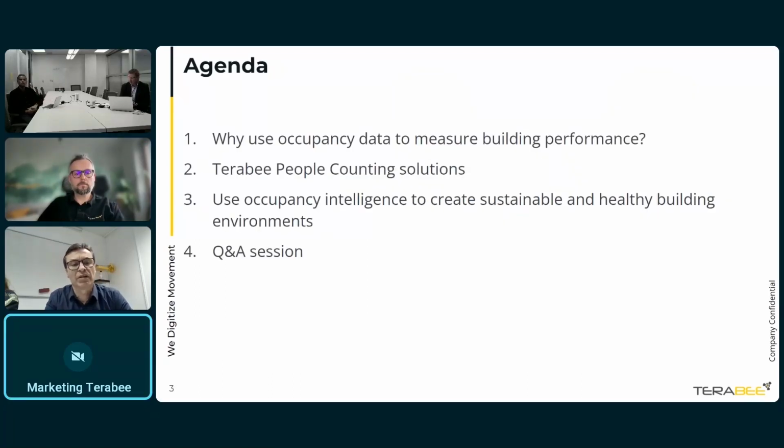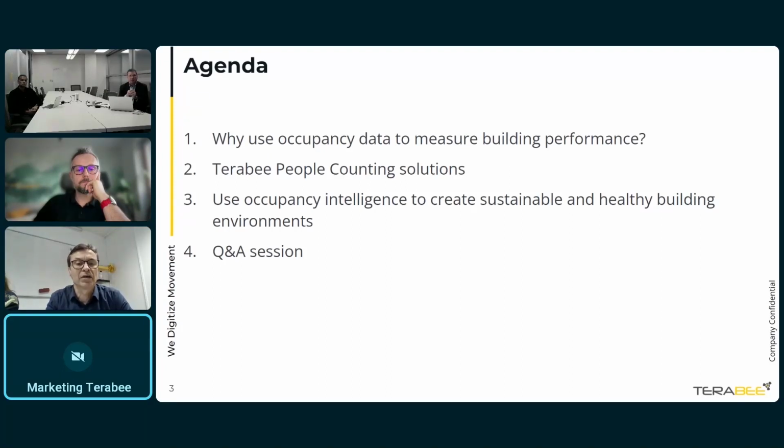So what we're going to talk about are basically four main things. First of all, we'll give an overview of our rationale, why we believe occupancy data is an important metric to not only measure building performance, but also help drive improvements in building performance, both from an energy perspective, but with other use cases as well. We'll have an overview of our people counting solutions from Terabee.